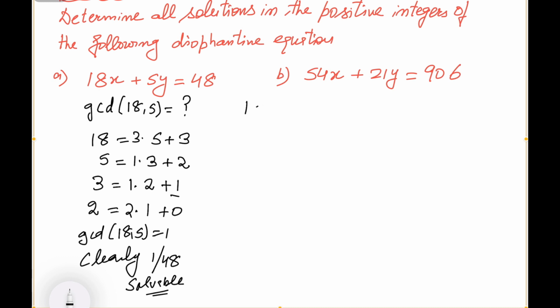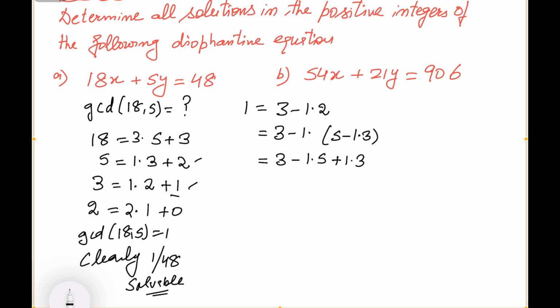We express the GCD from this equation as 3 minus 1 into 2. Now putting the value of 2 from this equation, we get 5 minus 1 into 3, which is further, combining the same terms, 2 times 3 minus 1 times 5.